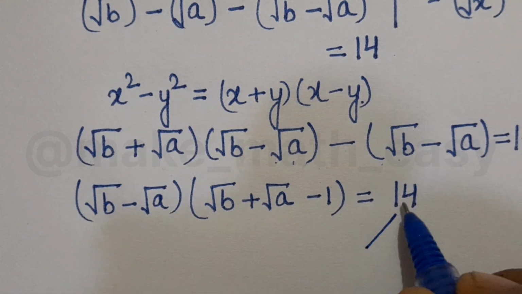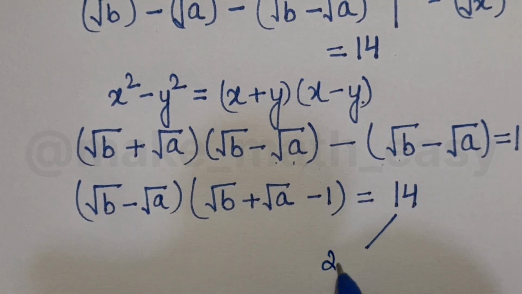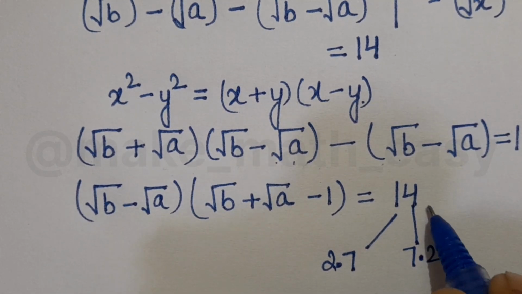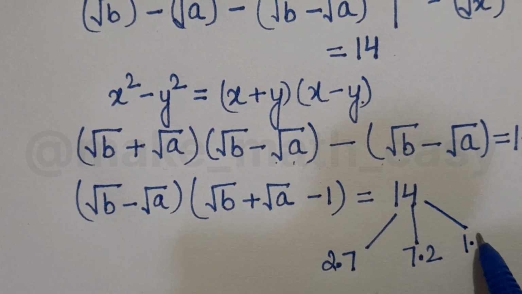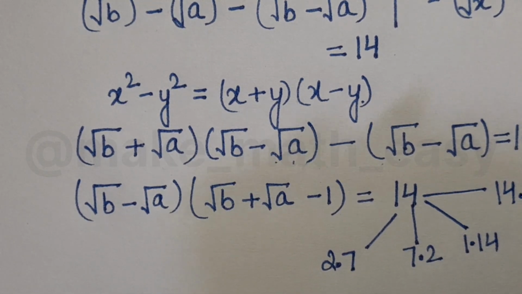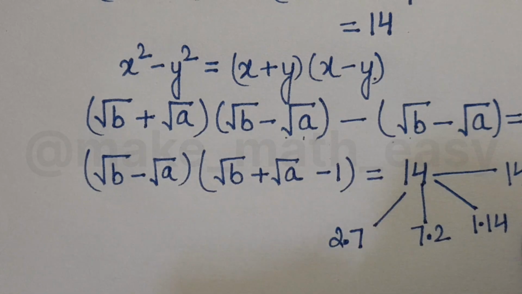That is, 14 can be written as 2 into 7, 7 into 2, 1 into 14, and 14 into 1. So let's check each of these factors one by one.